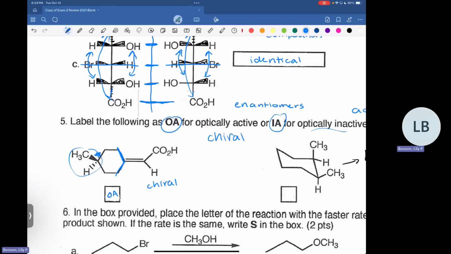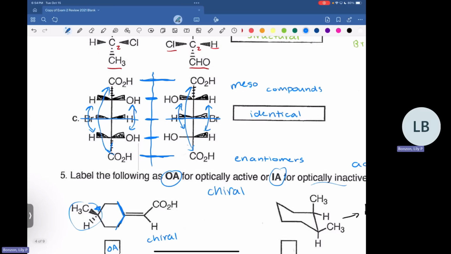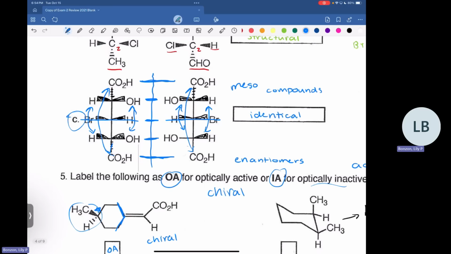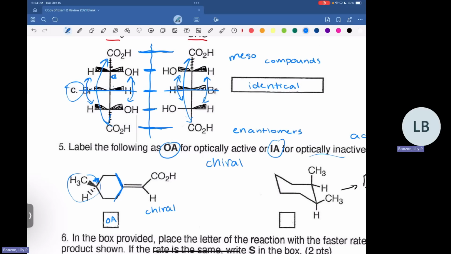But we still have to double check because sometimes even if it has a chiral center in the structure, there could be an internal plane of symmetry that causes it to be achiral. It's similar to the example that we did for C in the previous question. Even though all of these are chiral centers, because there's the internal plane of symmetry, it actually makes it achiral.